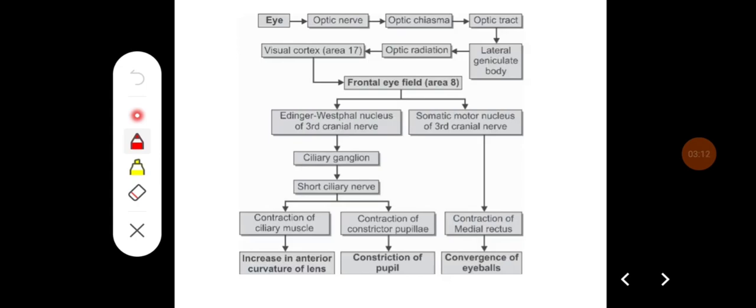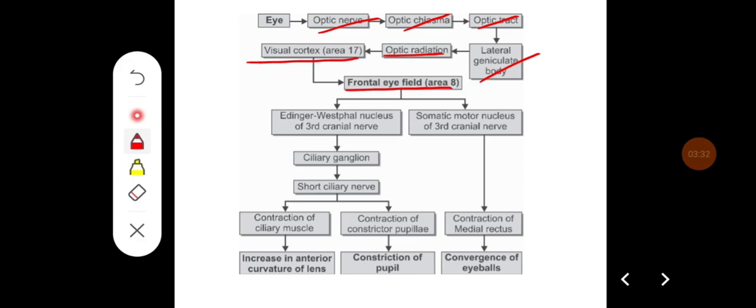So when a visual stimulus is seen by the eye, it passes through the optic nerve, optic chiasma, optic tract, then enters the lateral geniculate body, optic radiation, and then goes to the visual cortex, area number 17. From there it goes to the frontal eye field area.